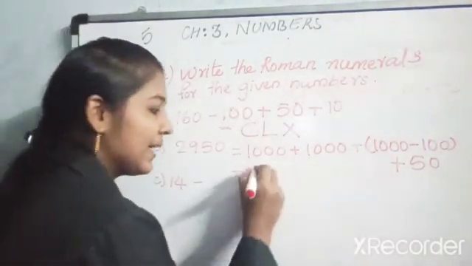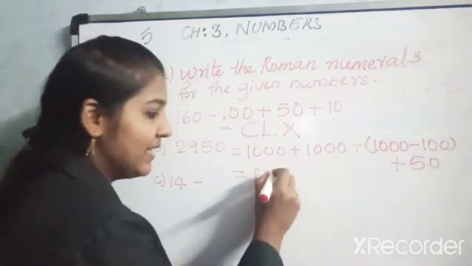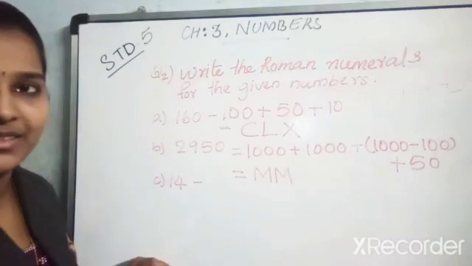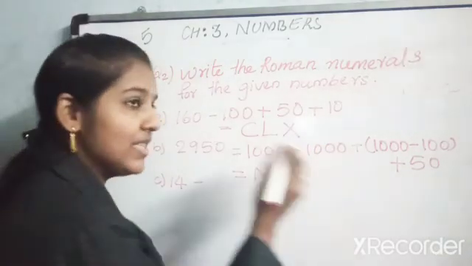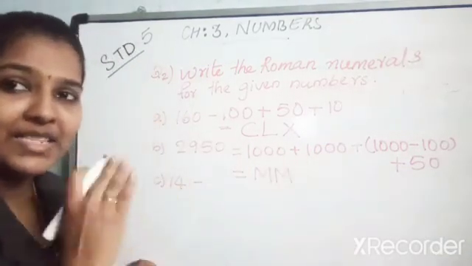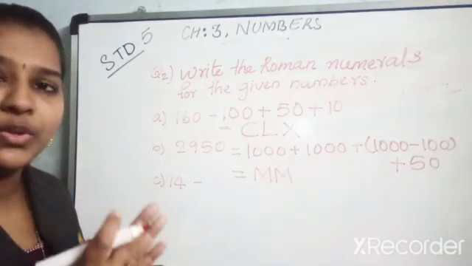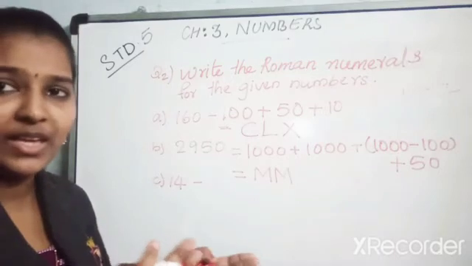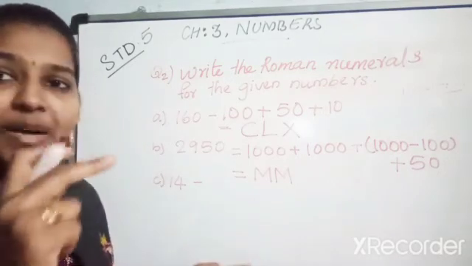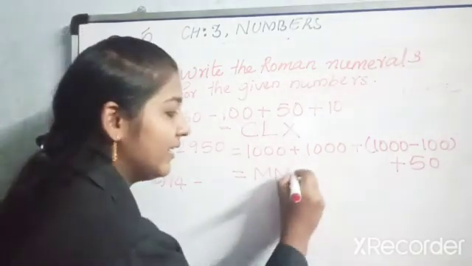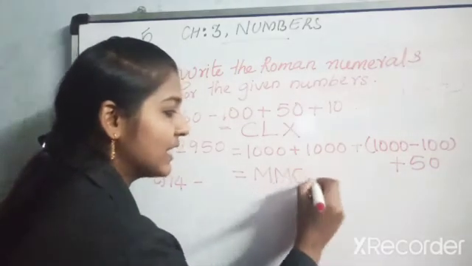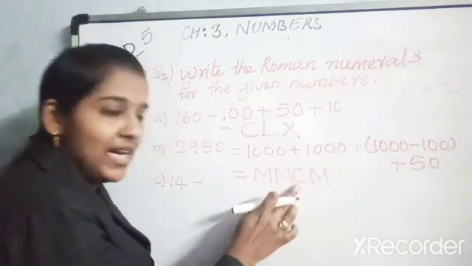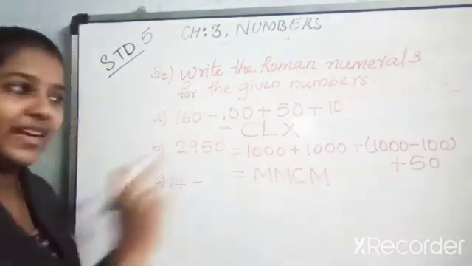1000 is M. Then 1000 minus 100. That is 1000 is M and minus 100 means you have to put the 100 on the left side of 1000. Okay. So 100 is denoted by C. So CM shows 1000 minus 100 which is equal to 900.